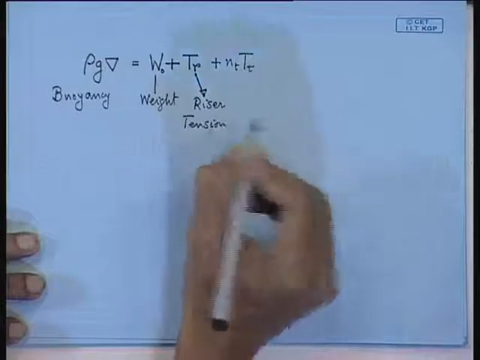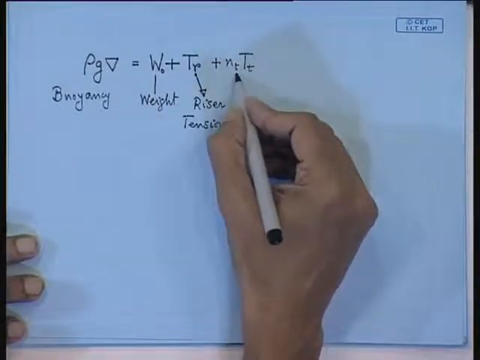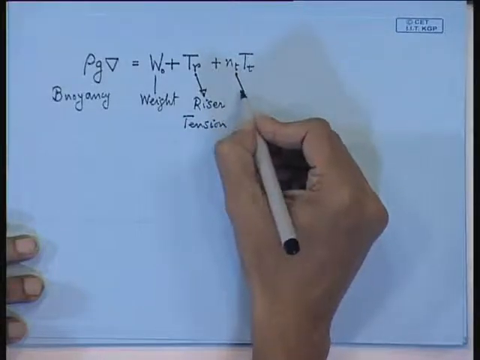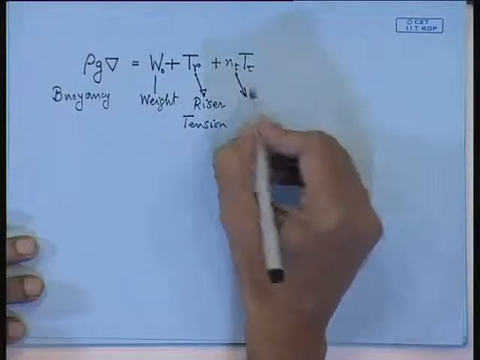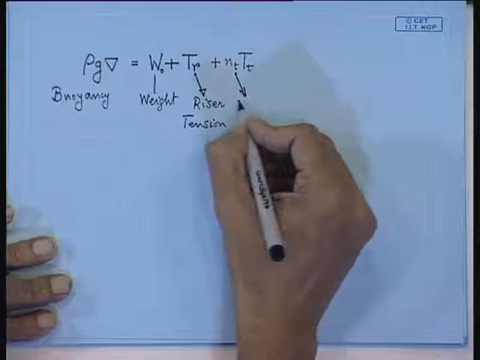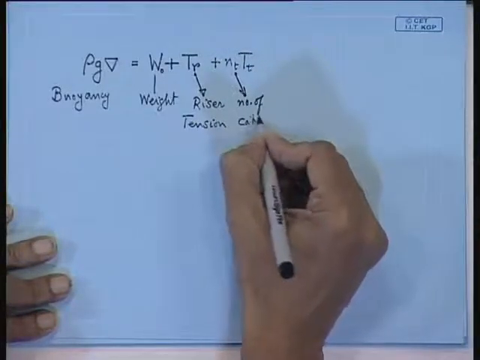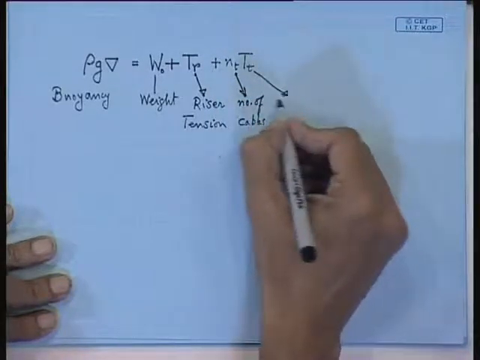Now, actually your TLP has to support both your cable tension and riser tension. Riser is also kept under tension, similar to your cables. So, NT is the number of cables, and this is the tension in each cable.